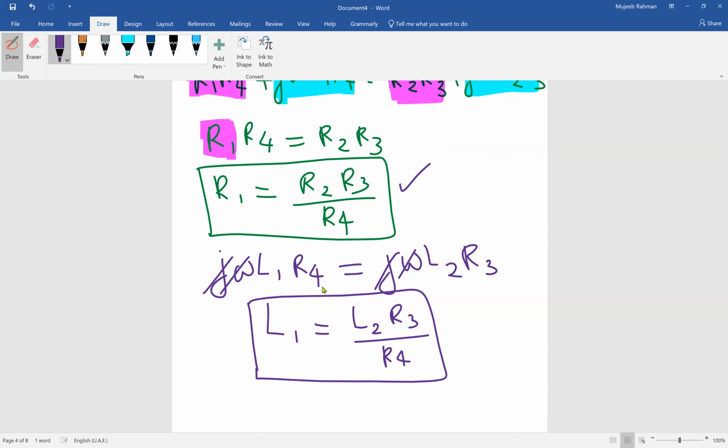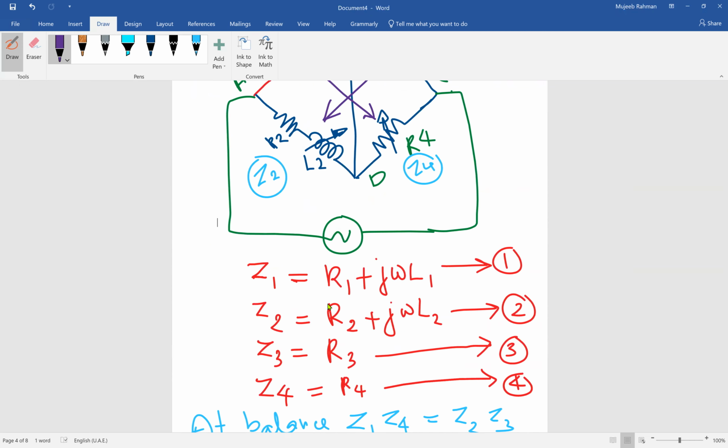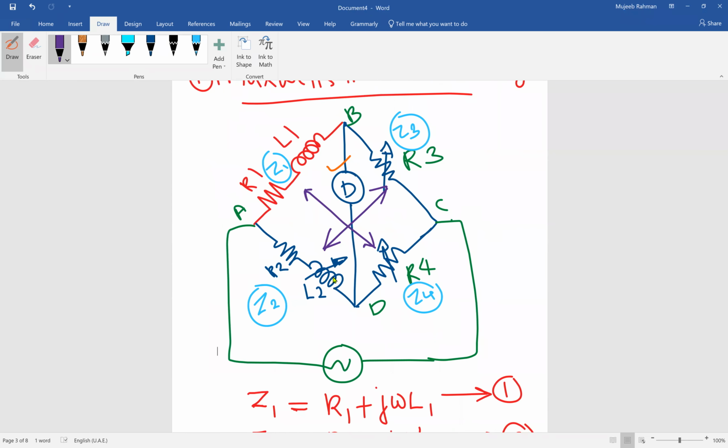So this is going to be one of the advantages. It's a very simple method of finding the unknown resistance and inductance of a coil. Now, it is also interesting to find out the phasor diagram for the same connection. So this I'm going to explain here.